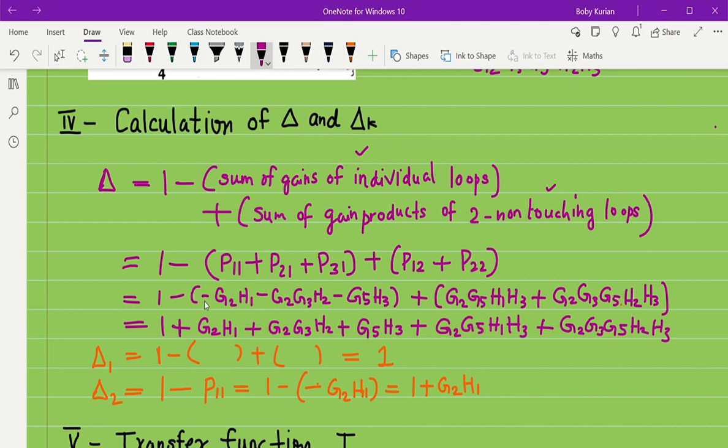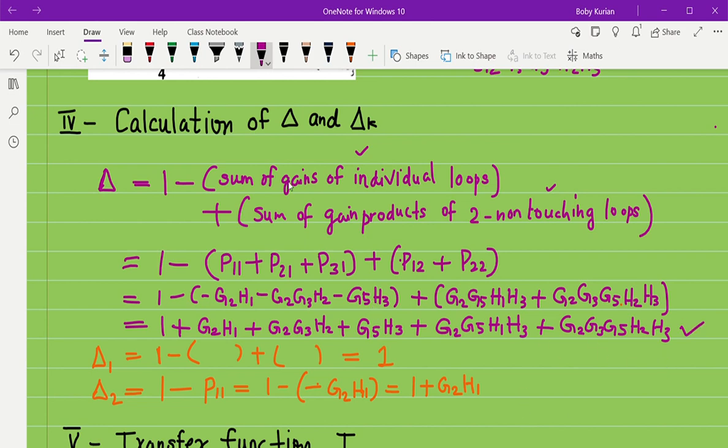So 1 minus the individual loops, three individual loops are there: P11, P21 and P31, plus two pairs of two non-touching loops, P12 and P22. We have already found these values, so we simply put them here, and the final answer will be 1 plus G2 H1, G2 G3 H2 and so on. Thus we need to substitute the values.